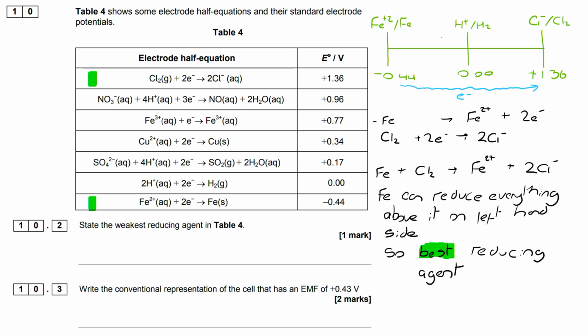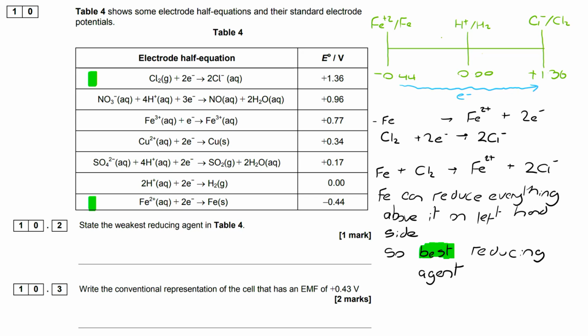When you do that and you put them together, we see that this is the equation when we put these two half equations together, when we combine iron with chlorine. Now, what this shows us is that iron is able to reduce chlorine all the way up at the top of the table.